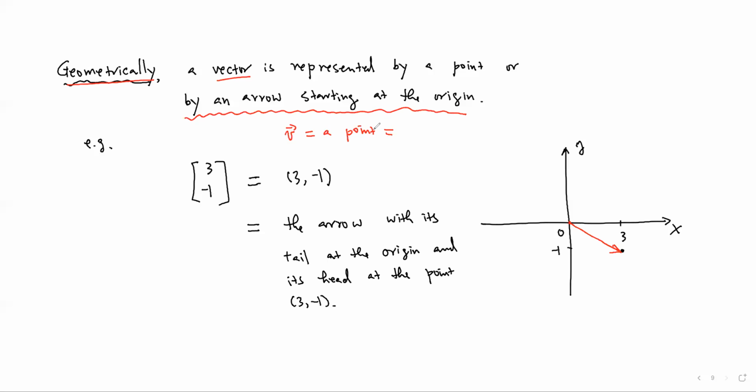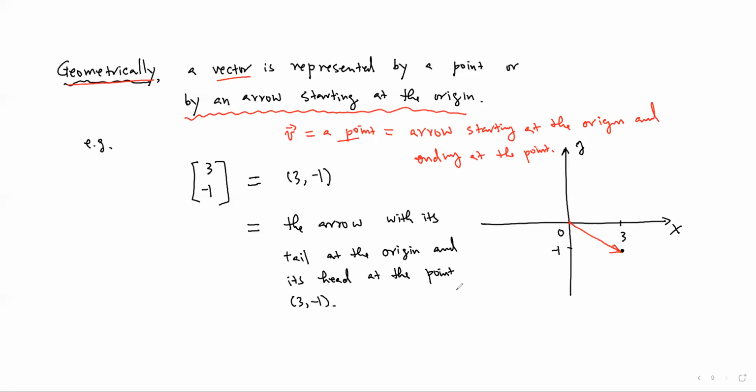A vector is a point and also an arrow starting at the origin and ending at the point.